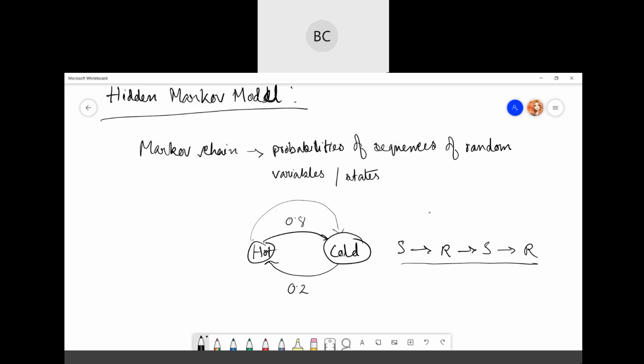So the Markov model assumes something. It has an assumption on the probabilities of the sequence: when predicting the future, the past does not matter.